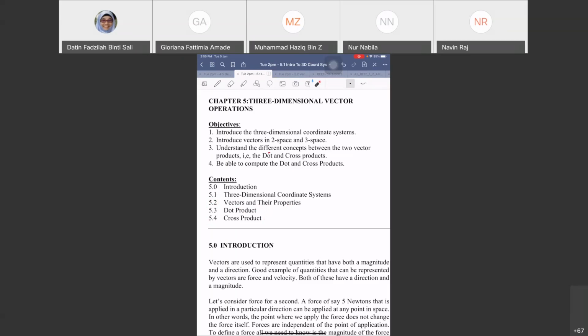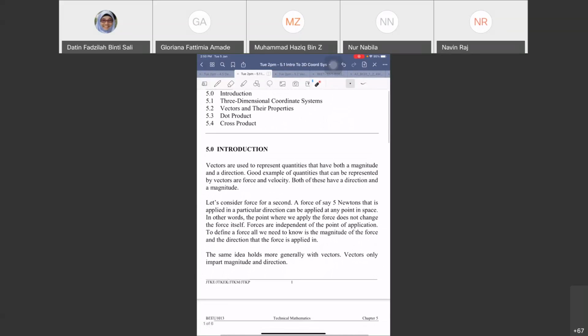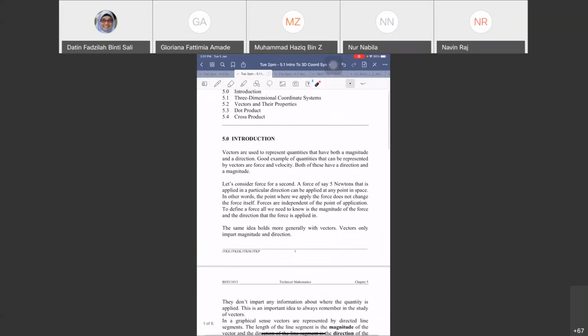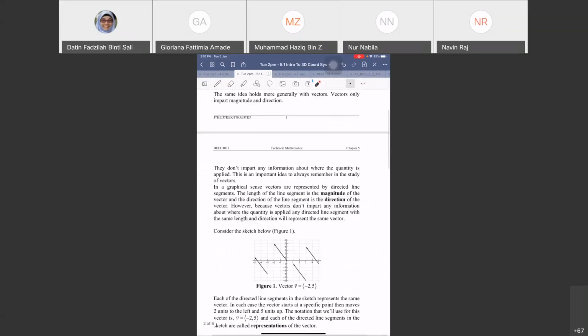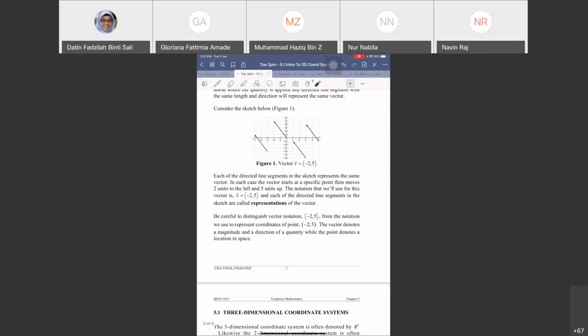I'm not going to read all this. You have some explanation in the module, talking about the importance of vectors and the applications that mostly use the vector concept.